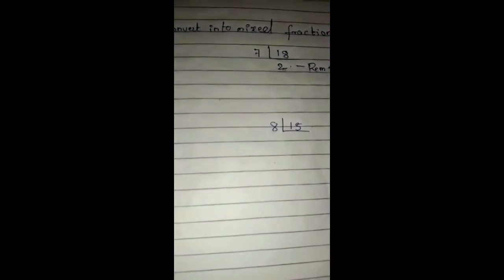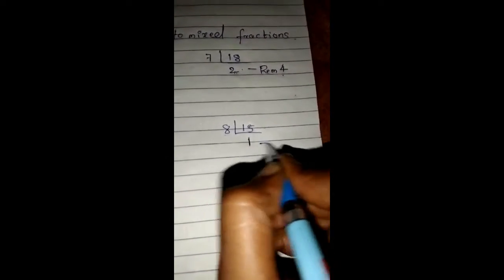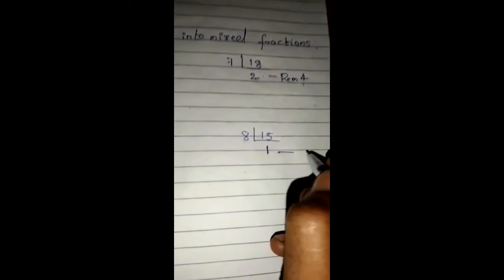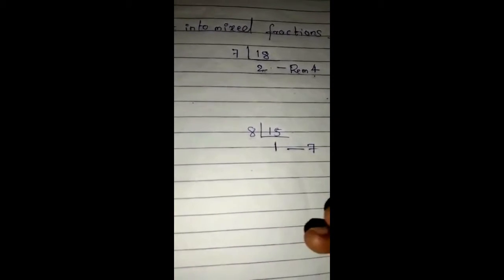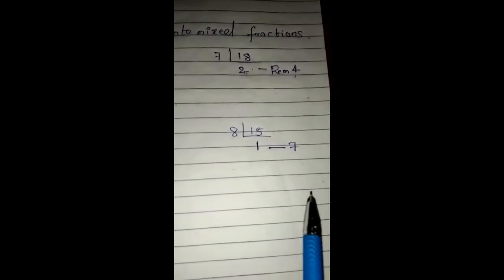In 8's table we did not get the number 15, so 8 ones are 8. We have to subtract 8 from 15. 15 minus 8 equals 7.